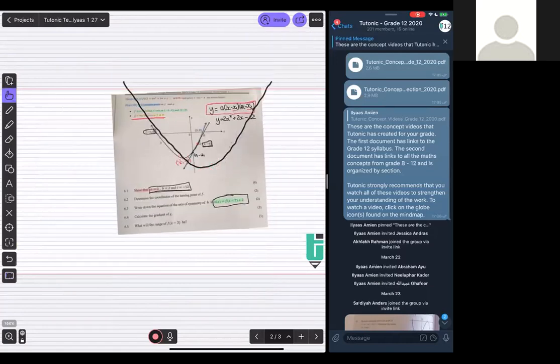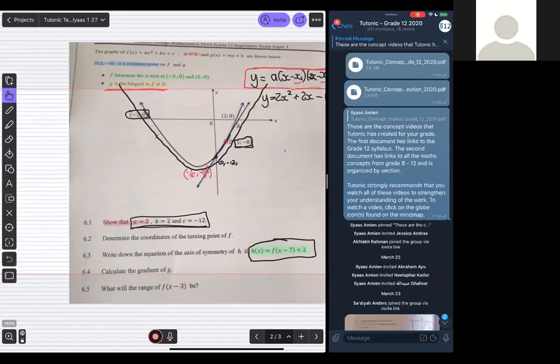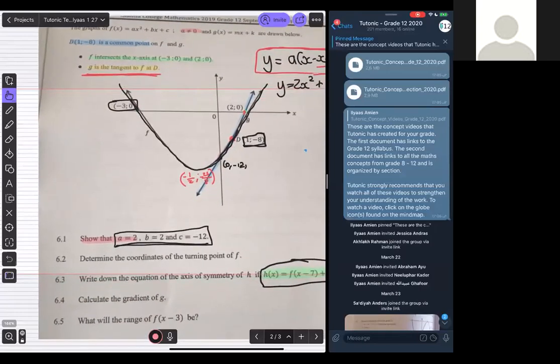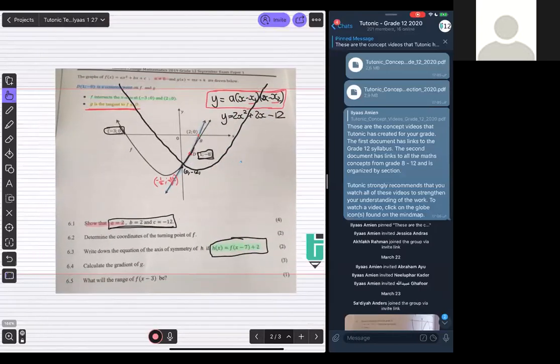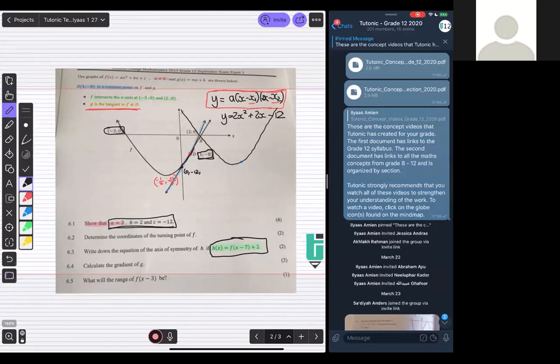Okay, so if we just take this graph back, I've just plotted the graph again, so you can see here. Here's the graph. So when they say x minus 7, it means to the right 7 and up 2. You guys see this? Yeah. If I said to you f of x plus 3 minus 1, what's happening?